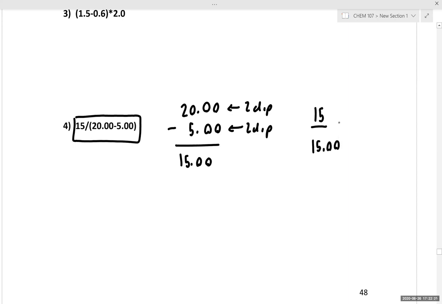Our top number has 2 sig figs, our bottom number has 4 sig figs. So our final answer should have 2 sig figs, and we'd write our final answer as 1.0. So you follow the sig fig rules for each step individually, following order of operations.